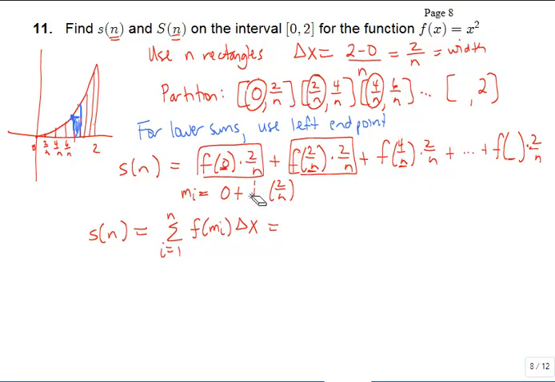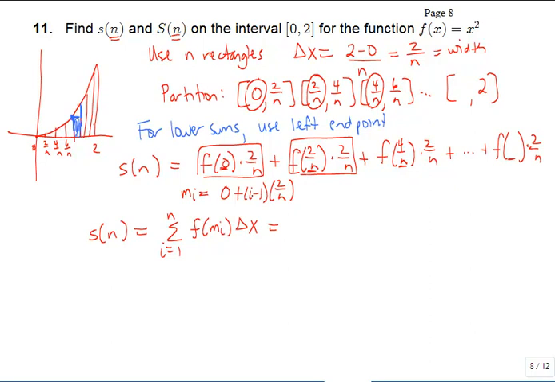So what we have to do is shift it slightly and change this to i minus 1. And let me show you why this works. If i is 1, then this becomes 1 minus 1, which is 0, and we just get 0. If i is 2, representing this second rectangle, then we do 2 minus 1, which is 1, times 2 over n, and we get exactly that 2 over n that we're looking for.